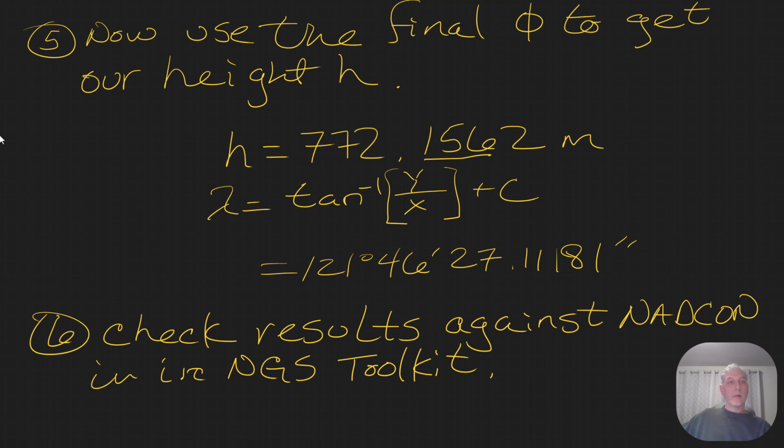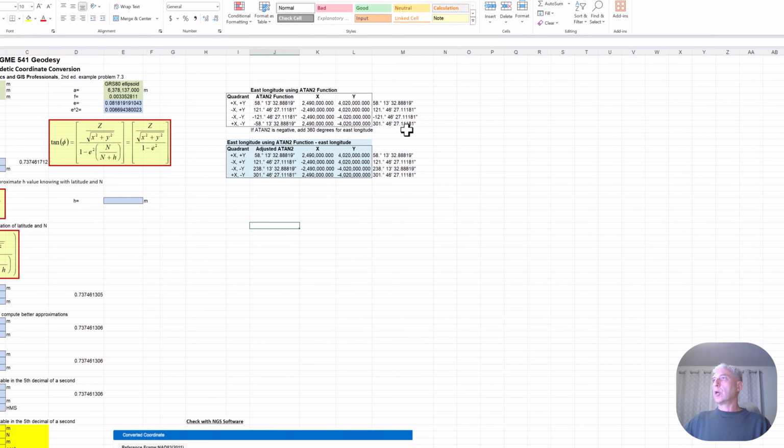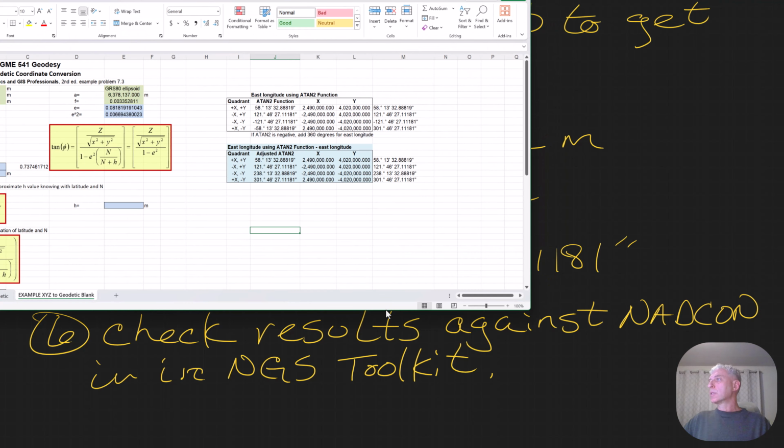And that's it. Then we've gone from our Earth-centered, Earth-fixed coordinates to our geodetic latitude, longitude, and height. Pretty simple. When you build your spreadsheet, and I'm going to show you the spreadsheet. So let's see, I need to make this fit a little better.